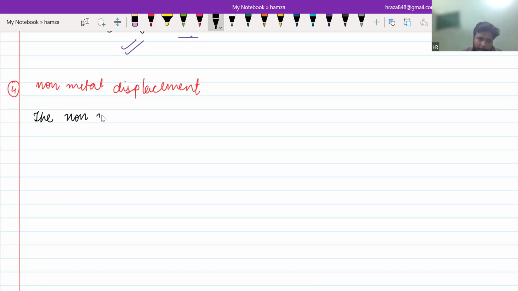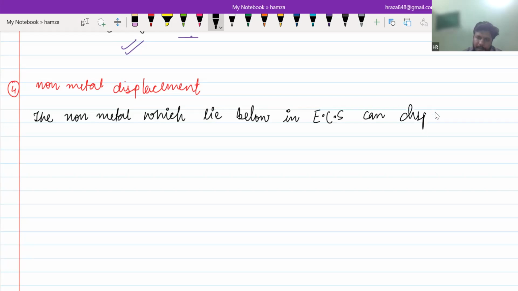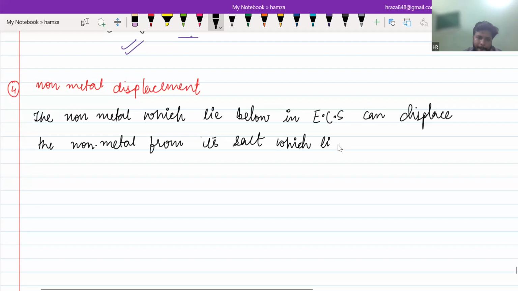The non-metal which lies below in ECS can displace the non-metal from its salt, which lies above in ECS. So it's very easy to understand.